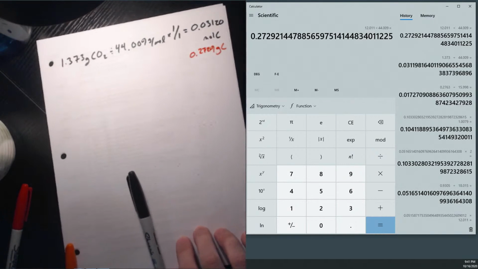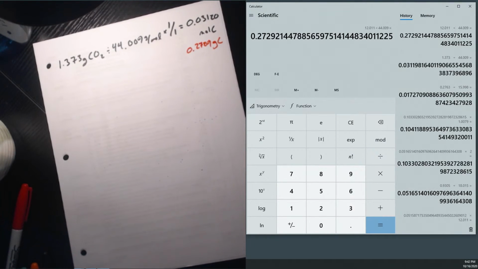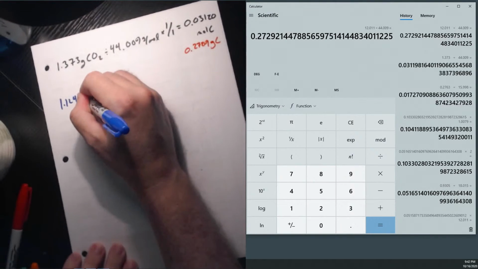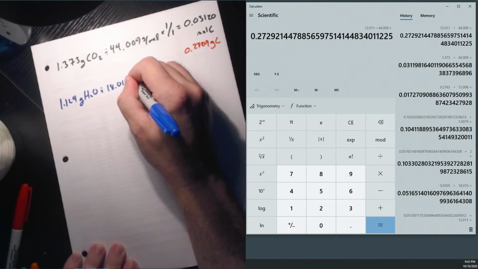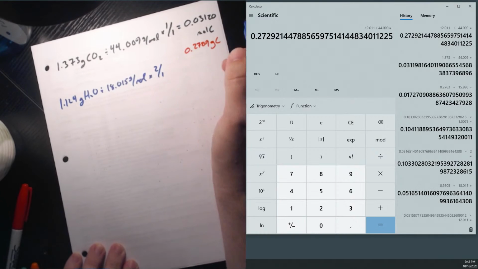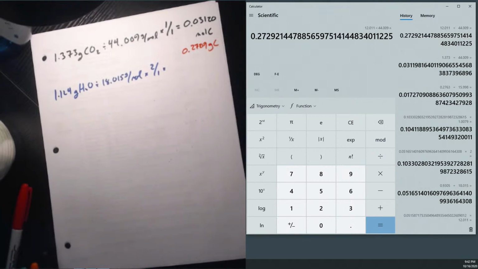And now we do the same thing for the water. 1.124 grams of water divided by 18.015 grams per mole. And then it's a 2-to-1 ratio, hydrogen to water. Never forget that. If you forget it, you'll get wrong answers, and then your parents won't love you anymore.